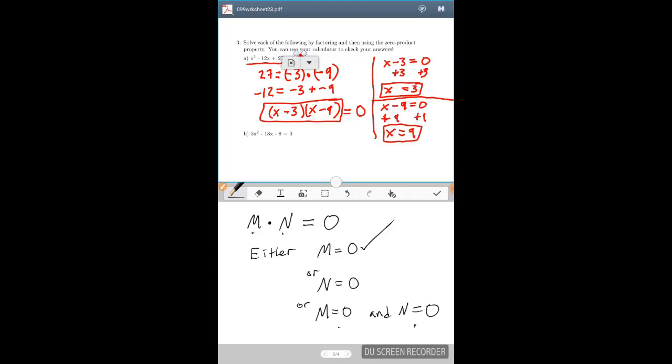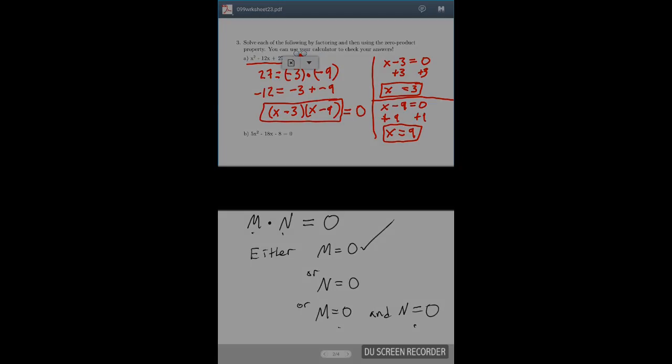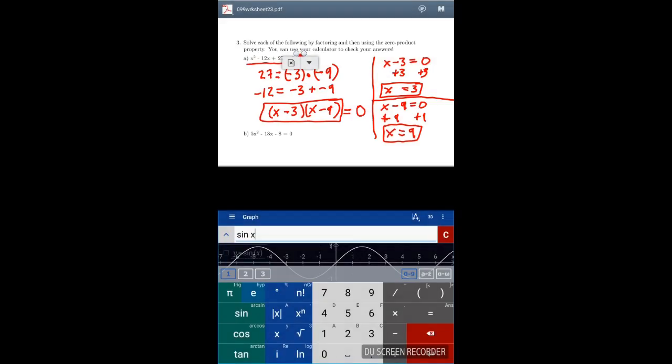Now, if you get something like this on the test, I know you don't have that much time, but we should check ourselves. So in order to check ourselves, I brought up our calculator. We will not be needing sine of x, not in this class. What we want to do is do a graph.